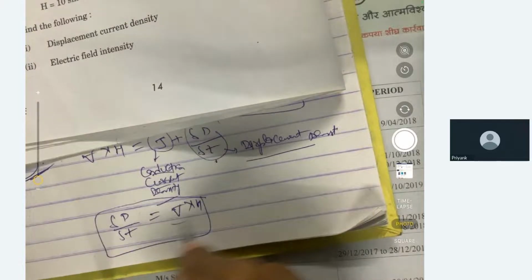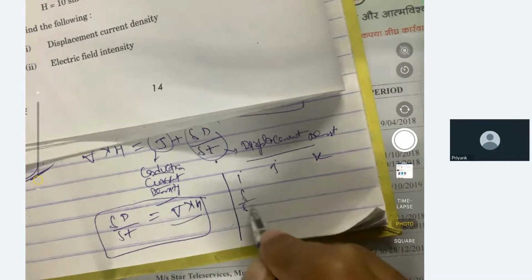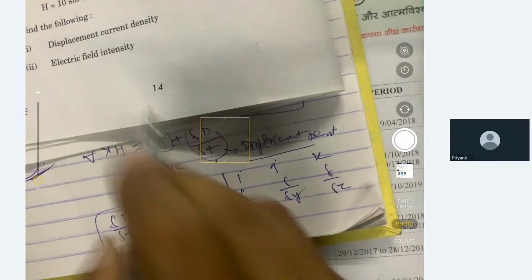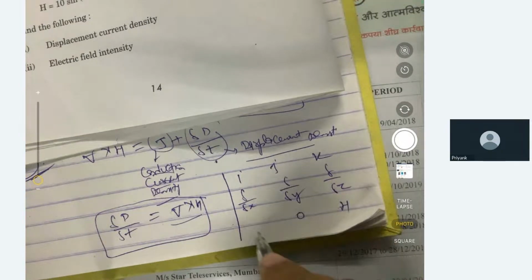So we will write i, j, k, del upon del X, del upon del Y, del upon del Z. And H is given here along Z. So here we will have this H, this is 0, this is 0.